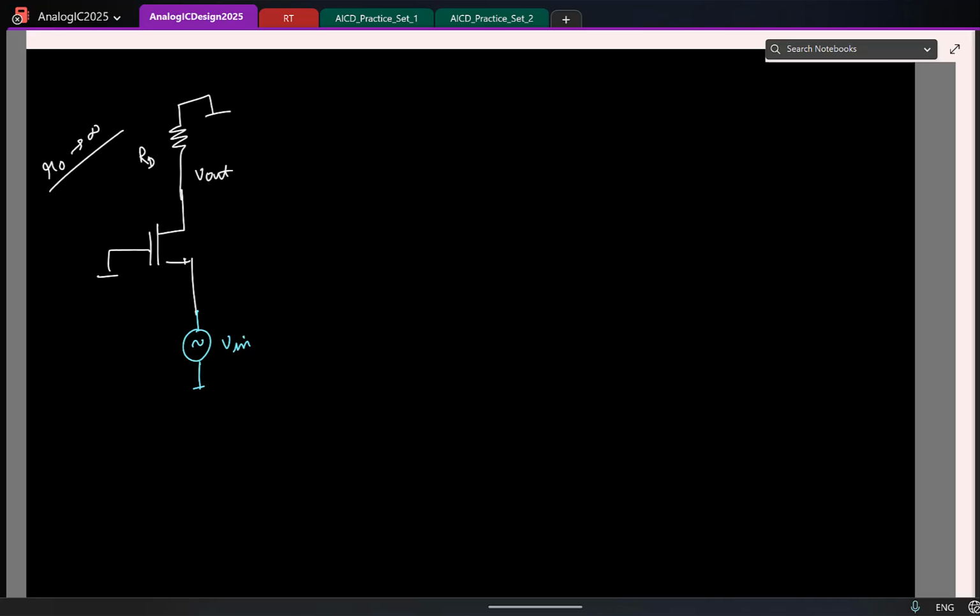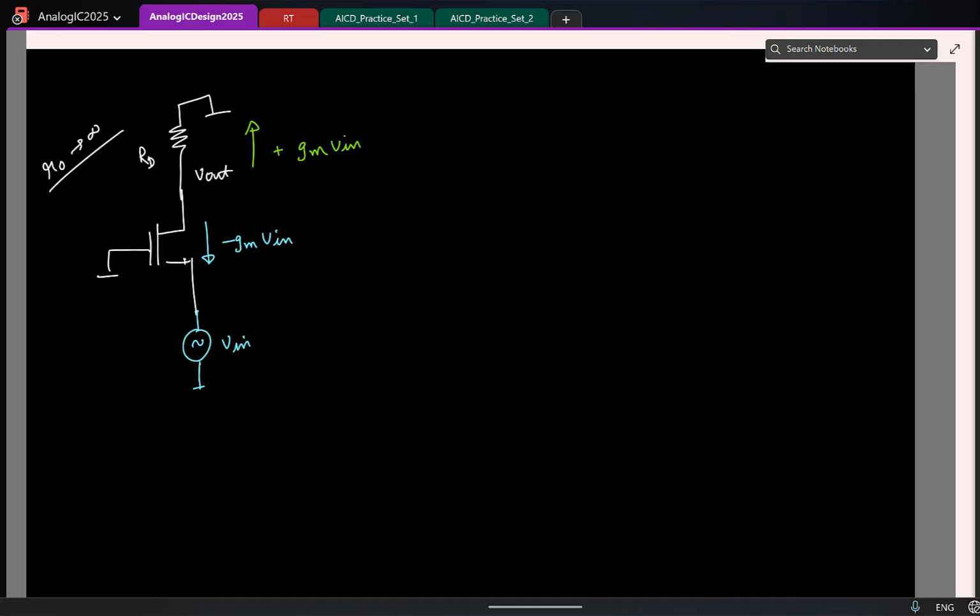So then tell me, what is the current drawn in this direction? Small signal current, Gm times VGS. So this is minus Gm times Vin. Okay. Gate is 0, source is Vin, VGS is minus Vin. So what is the current that flows through RD in this direction? Plus Gm Vin.